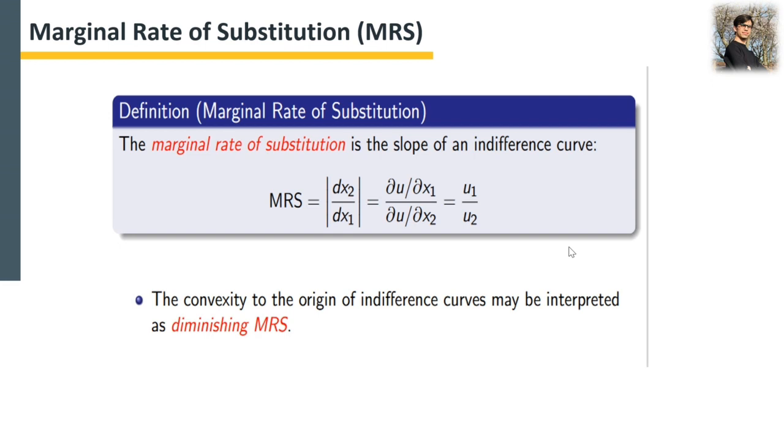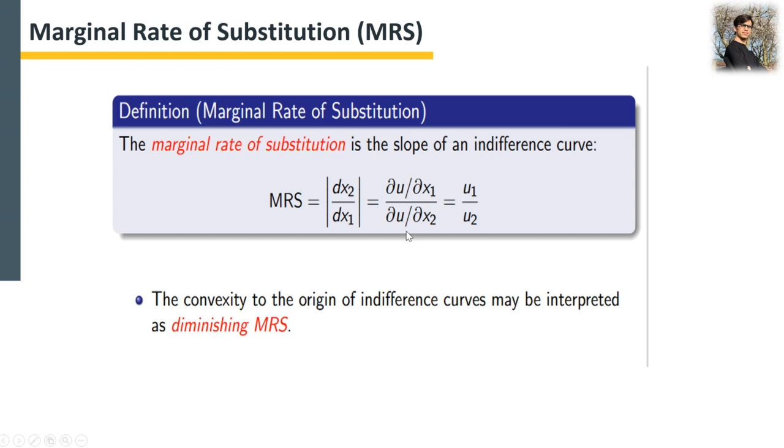In terms of definition, the marginal rate of substitution is the rate at which one good can be substituted for another good while the overall level of utility is being fixed.